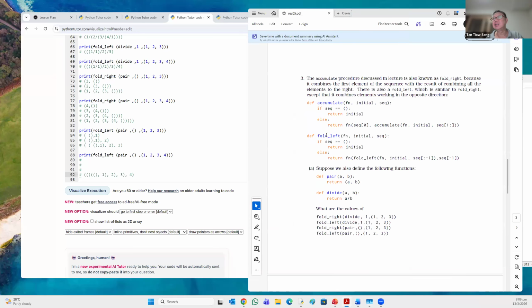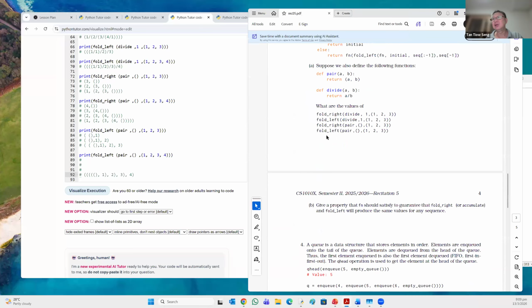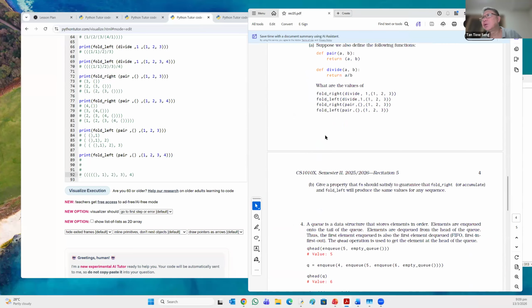All right, number 3, it's this. Then, give a property that Fn should satisfy to guarantee that 4 right accumulate and 4 left will produce the same values for any sequence. All right, so this property should be obvious to you now. Anyone?